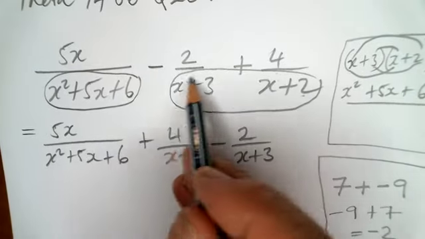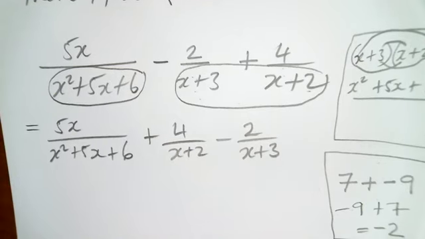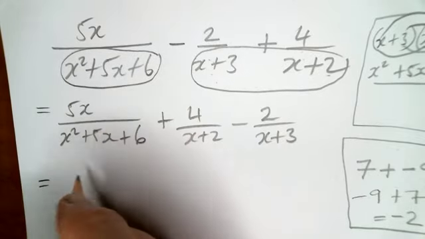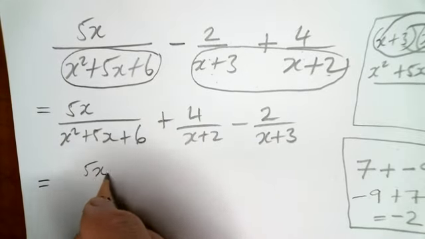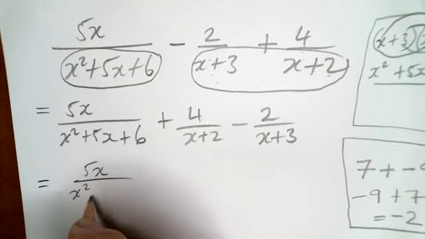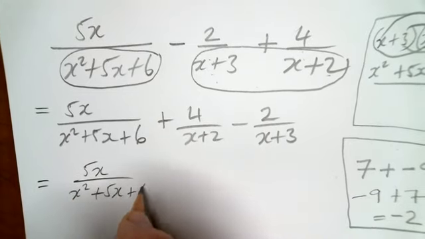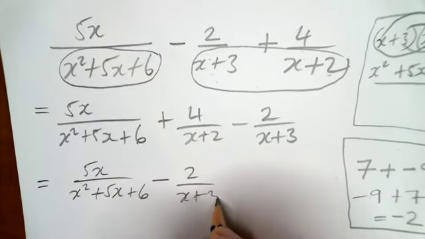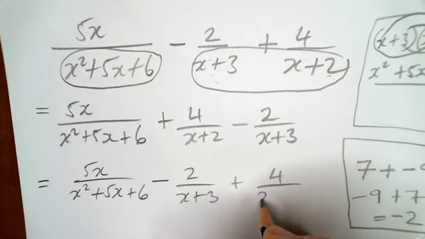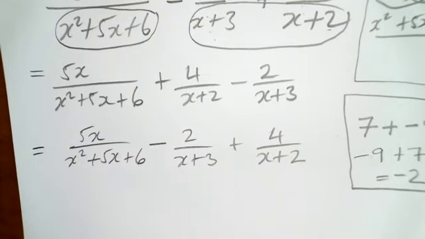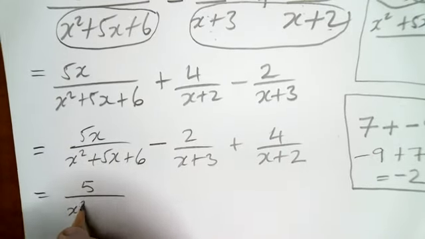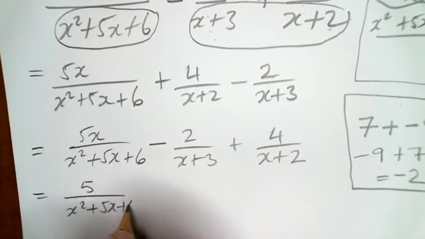But it is written in this order, so let's just do it that way, to be consistent with what's there, because it's really not necessary to take this step. So let's go back to the original. Here it is, 5x on x squared plus 5x plus 6, minus 2 on x plus 3, plus 4 on x plus 2. I'm going to rewrite this bit here because we need that: 5x over x squared plus 5x plus 6.